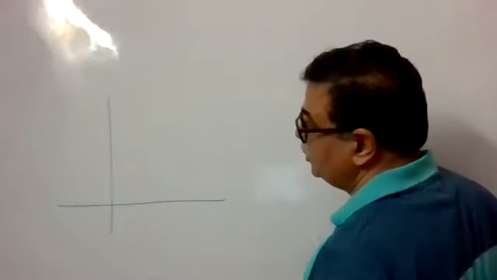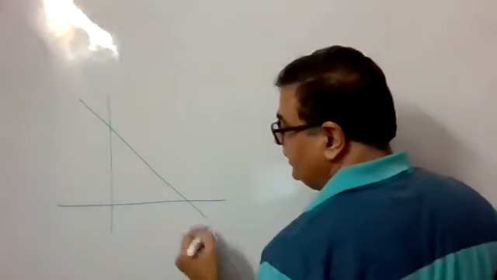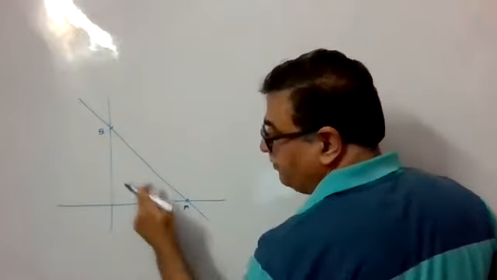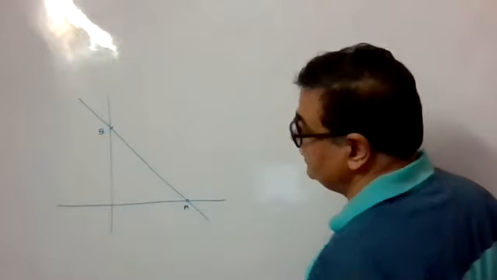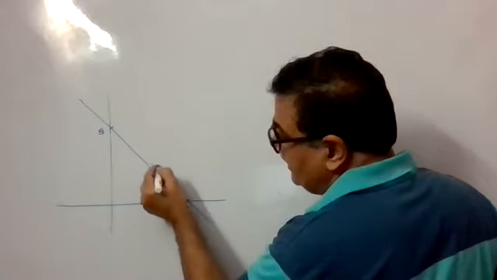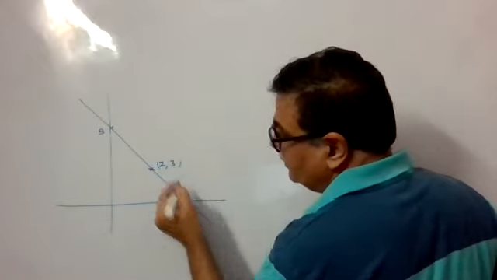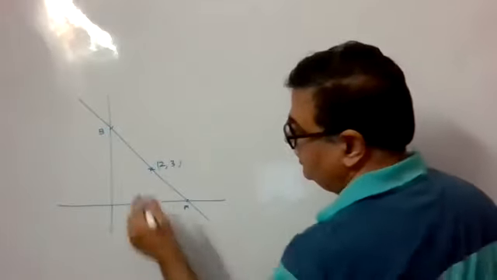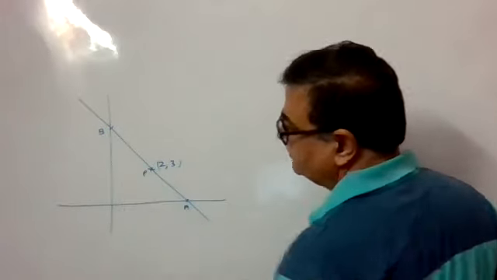Find the equation of line whose intercepted part between the coordinate axis is bisected at point 2 comma 3. Means this point has to be the midpoint. ये आपका midpoint होना चाहिए.